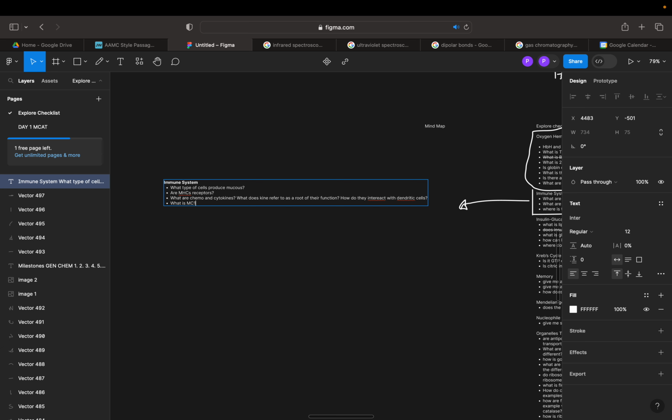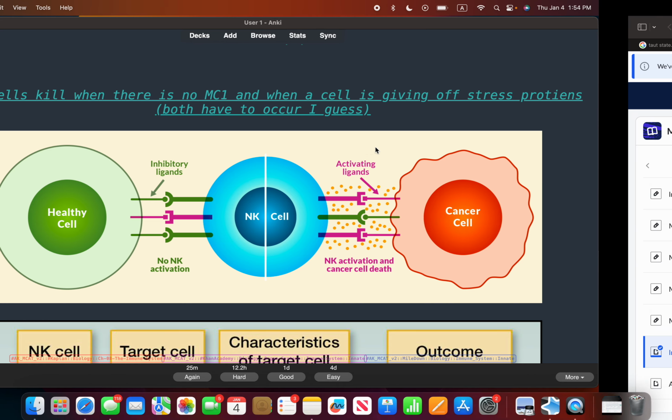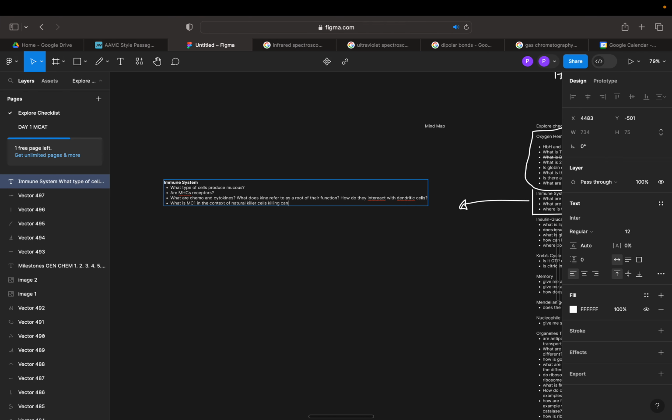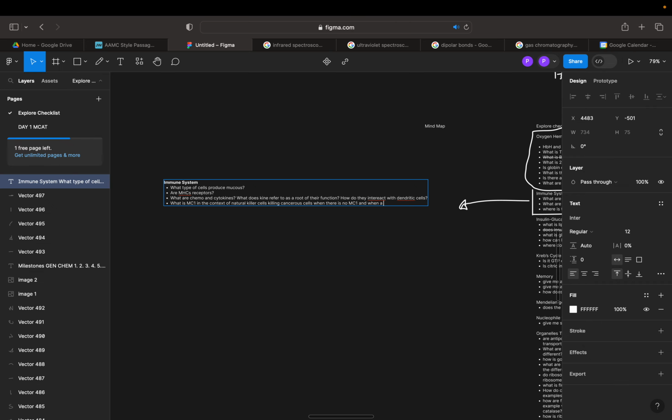What is MHC1 in the context of natural killer cells killing cancerous cells when there is no MHC1 and when a cell is giving off stress proteins?